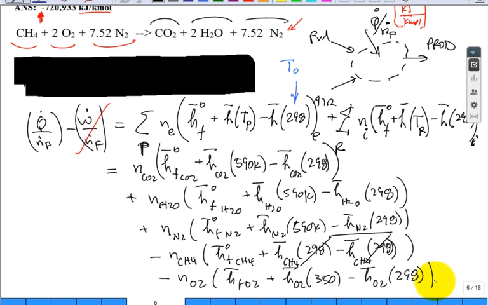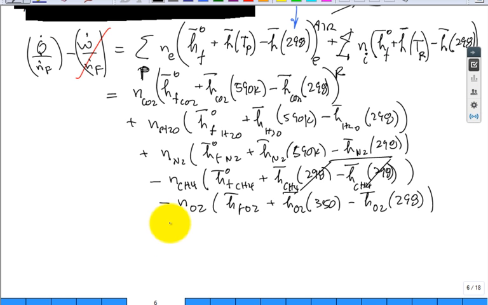One other term I need to scoot down: negative number of moles, the stoichiometric coefficient of nitrogen, enthalpy of formation of the nitrogen plus the molar enthalpy of the nitrogen at 350, because that's the inlet temperature, minus the enthalpy of the nitrogen at 298.